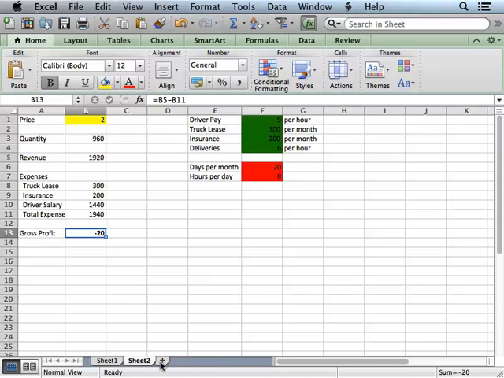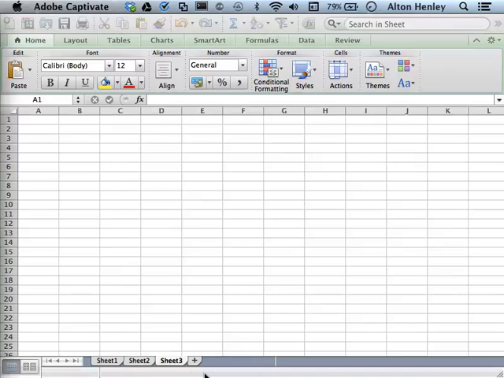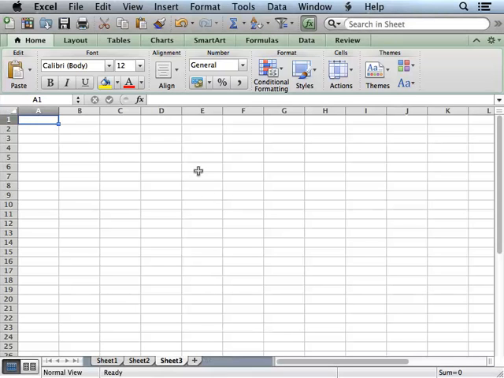And I've already built this one, but let's go ahead and build it again so we can get an idea of what was going on here. So the facts of the case, as we said, were the driver pay, which was $9 per hour.